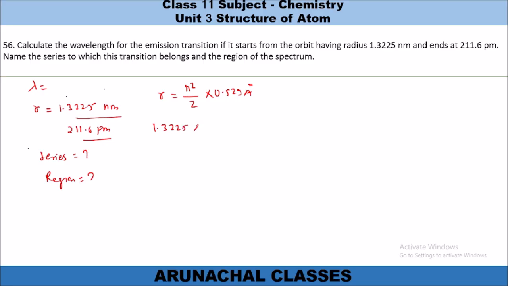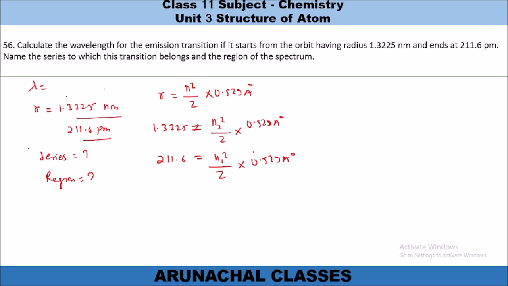So r value is 1.3225 is equal to n2 square divided by z multiply with 0.529 angstrom. Now the other one, 211.6 picometer, will be equal to n1 square upon z multiply with 0.529 angstrom.